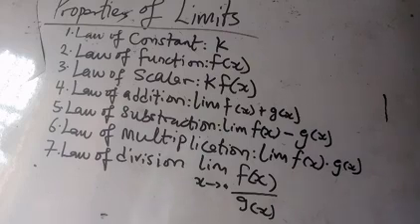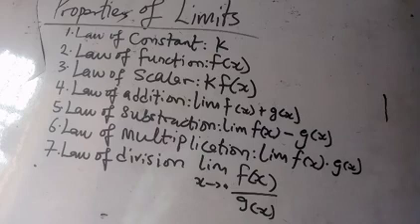So the first of them is the law of constant k, the law of function f of x, the law of scalar k f of x, the law of addition, the limit of f of x plus g of x.